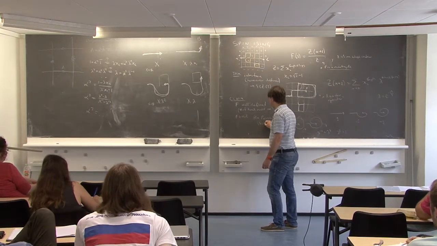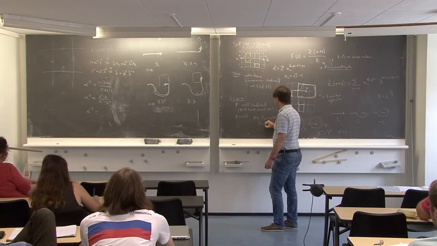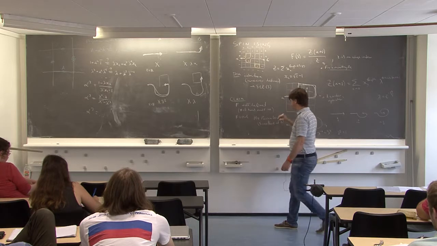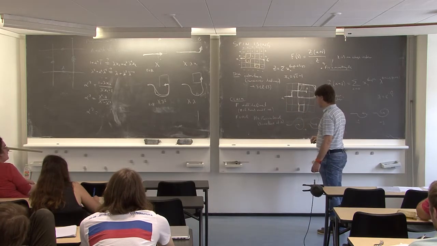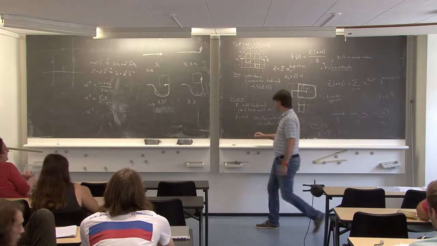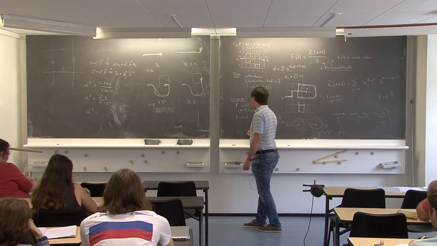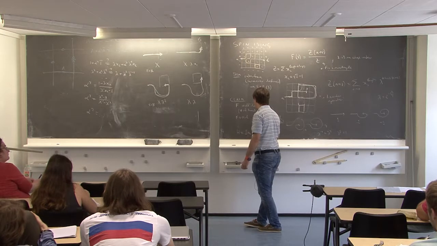So delta measure at A. In the language of SLE, it would mean that H is the imaginary part of 1 over GT.